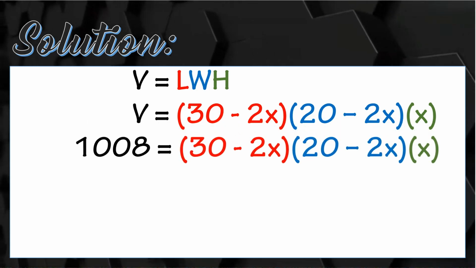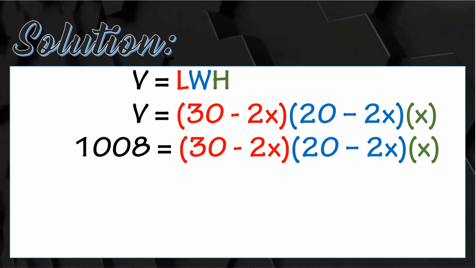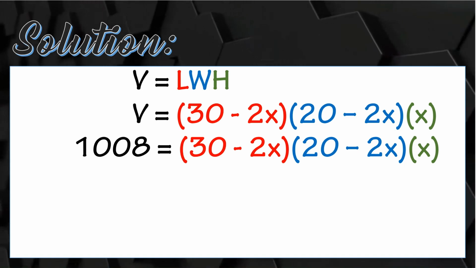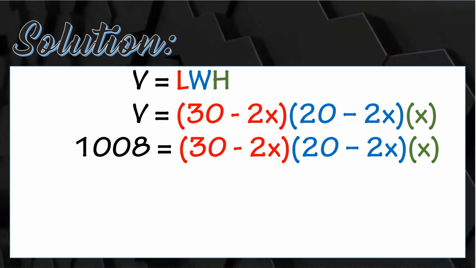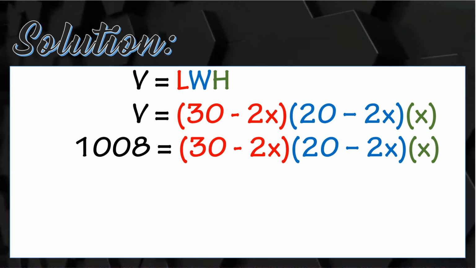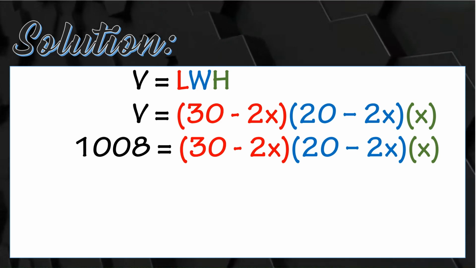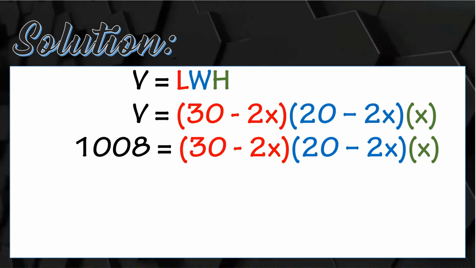We will also substitute the given volume. So it will become 1008 equals the quantity 30 minus 2x times the quantity 20 minus 2x times x.